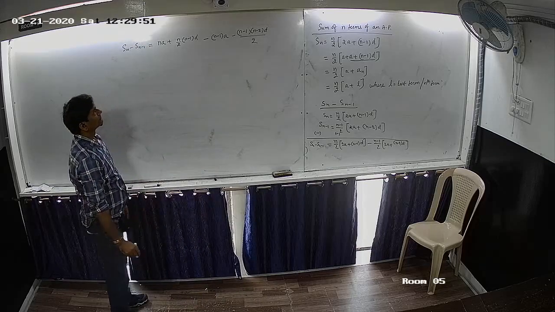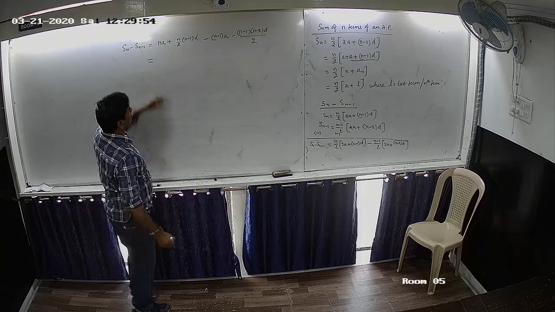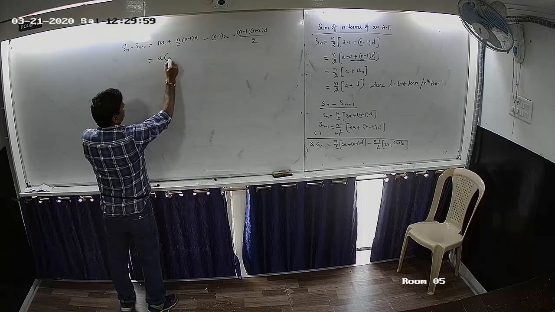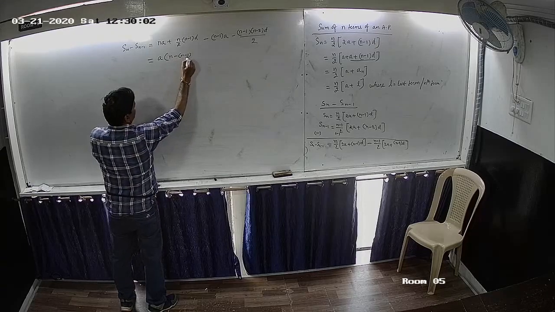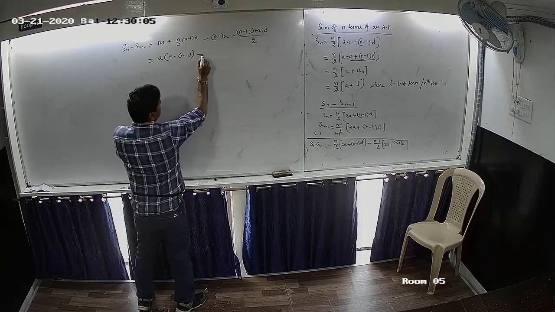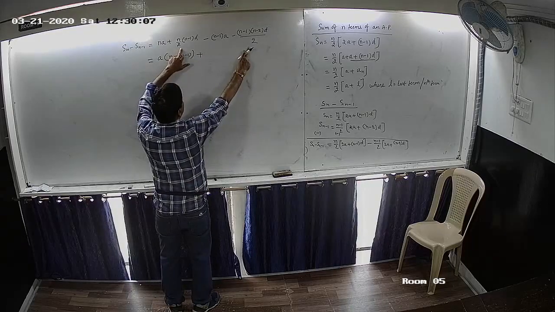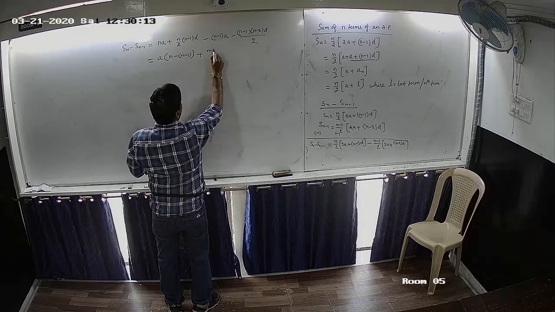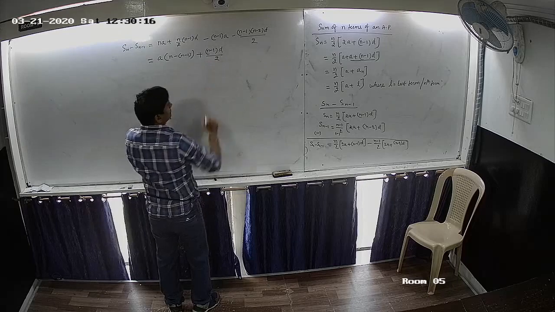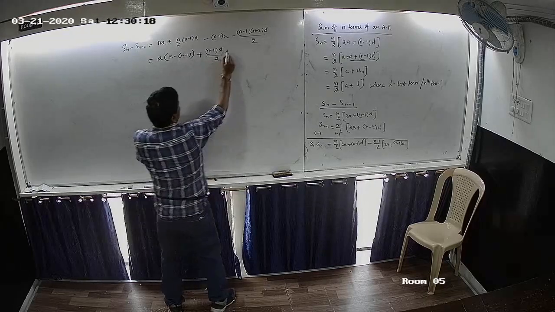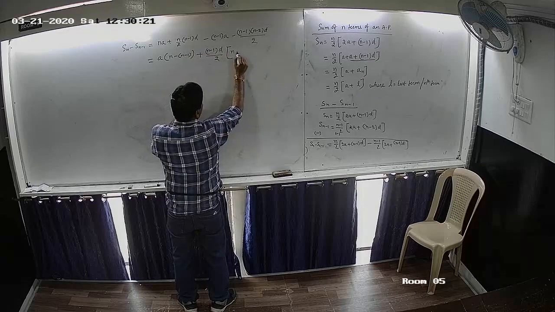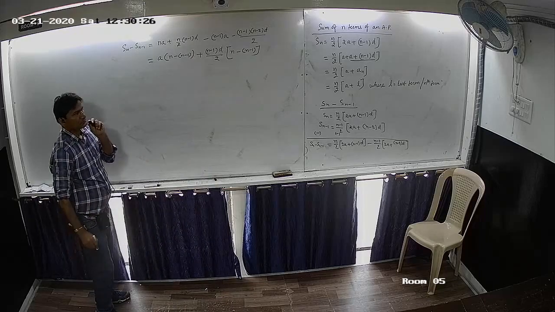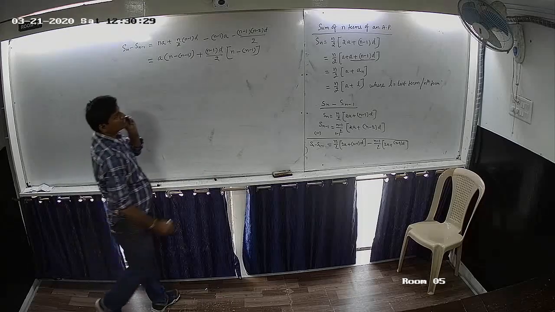Taking a common, we get a into n minus n minus 1, plus, in these two we have n minus 1 into d by 2 common, then we are left with n minus n minus 2.